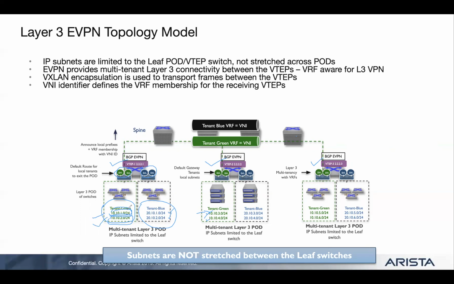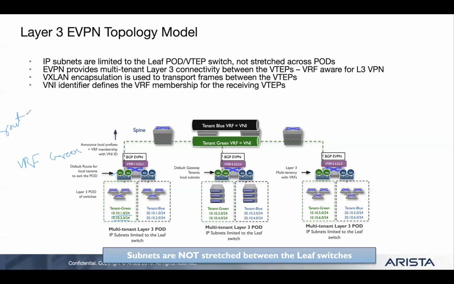So what we will do is configure an SVI for both of these subnets, for 10.10.1.0 and 10.10.2.0. Then we have redistribute connected under VRF green. This is again under router BGP.